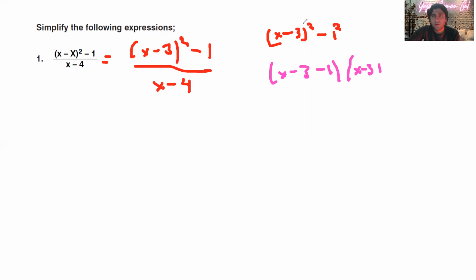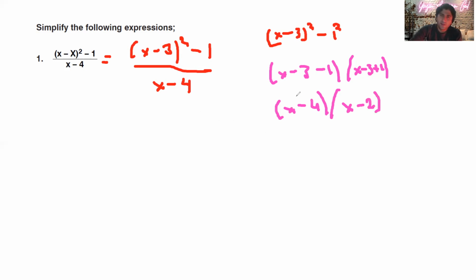Okay. Why? Because difference of two squares. So x minus 3 minus 1 is going to be x minus 4, times x minus 3 plus 1, which is going to be x minus 2.